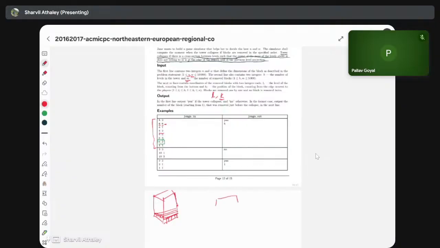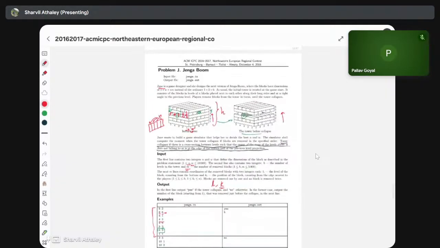Let's say this is some level k plus 1, this is some level k, and we have some levels above it as well. The tower topples when the center of mass of all the levels above it, let's call this the x-axis and this the y-axis. As you can see, all the levels above level 4, levels 5 and 6, will have some center of mass.